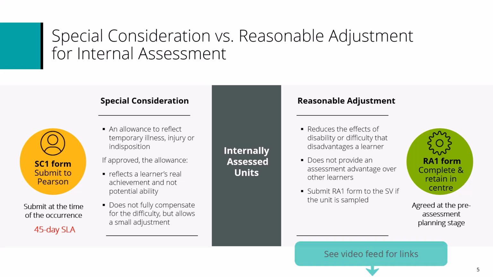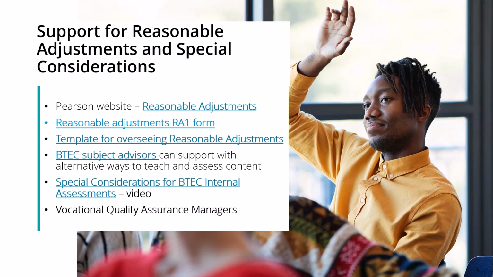We simply ask that you attach the form to your standards verification sample if that unit is selected. Further guidance can be found in Pearson's Supplementary Guidance for Reasonable Adjustment and Special Considerations in Internal Assessment. We have additional support links for you here on the slide.